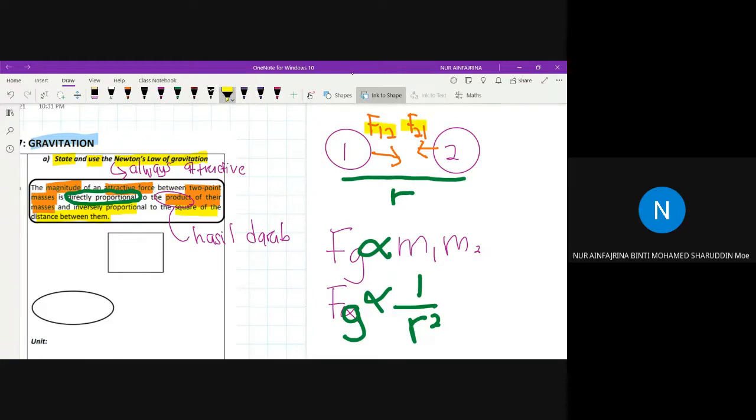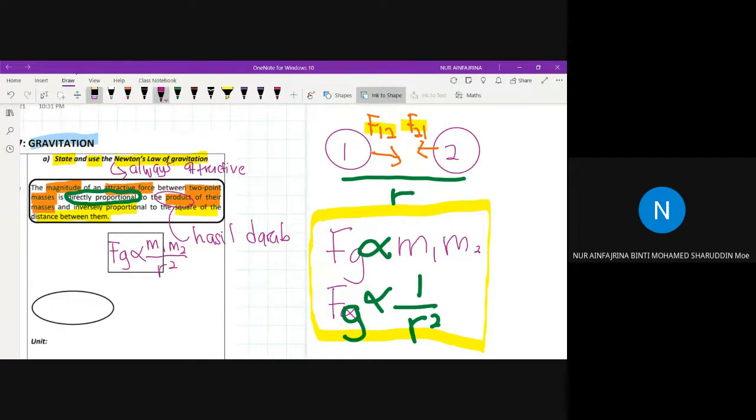They always attract. Selalu always attractive. Okay. So therefore kalau Miss masukkan ini dalam satu equation, kita akan dapat equation ini. So we will get gravitational force is directly proportional to the masses of the 2-point mass bahagi dengan R squared.